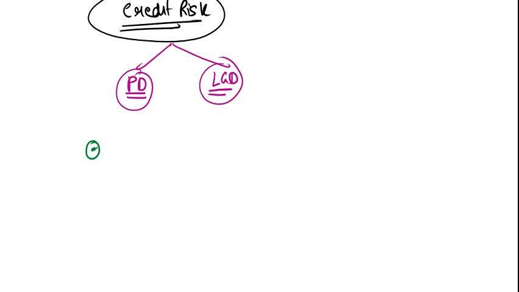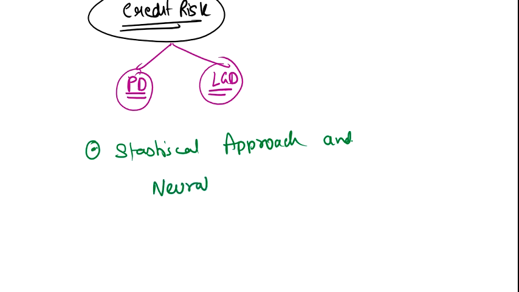Means they give so much accuracy when you are calculating the probability of default and loss given default. The combination of what? A combination of statistical approach and neural network algorithms.